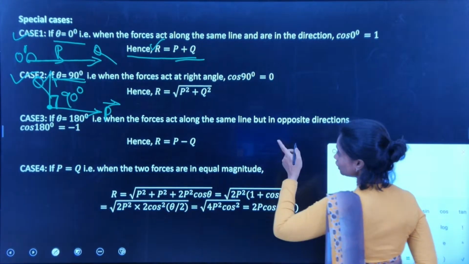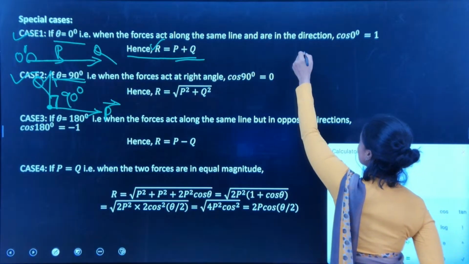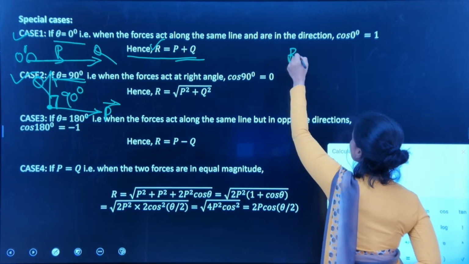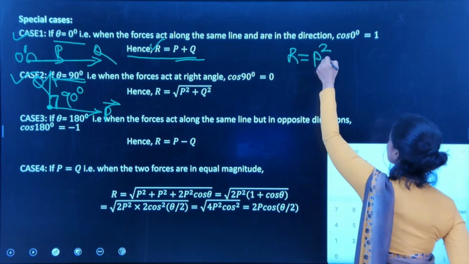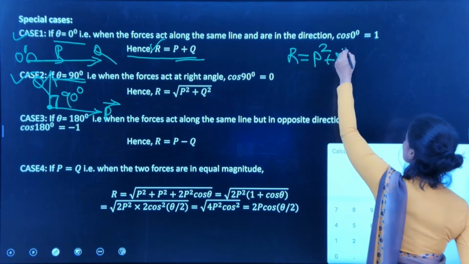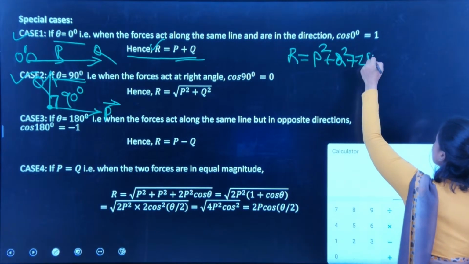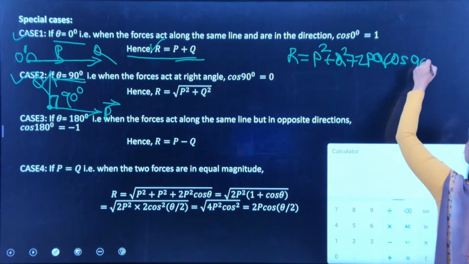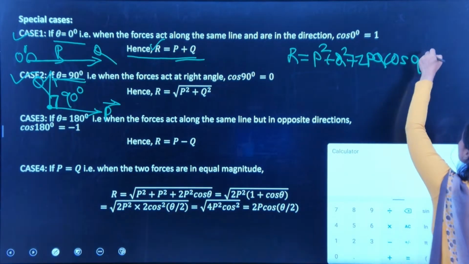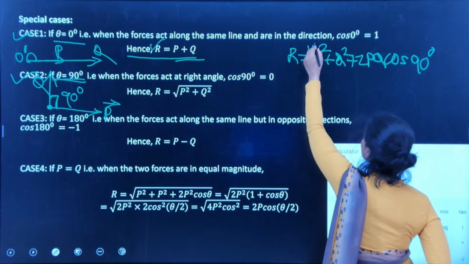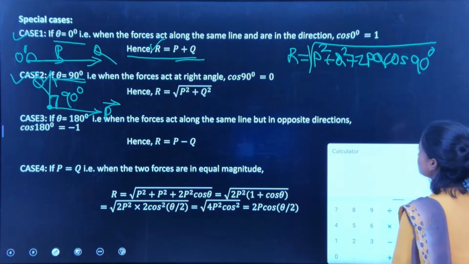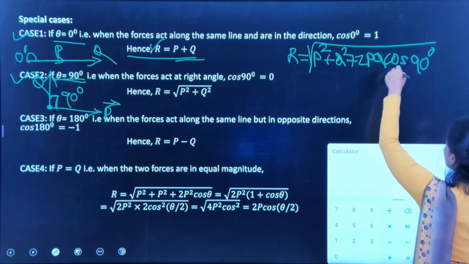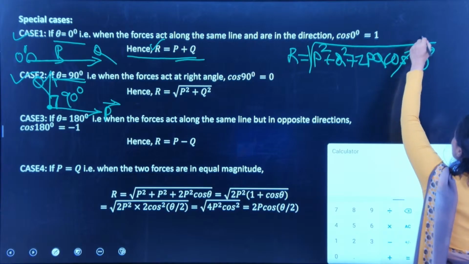Let's put the value of theta in our expression of R. R is equal to root over of P square plus Q square plus 2PQ cos 90 degree. Theta is 90 degree, so we are using the value of theta here. Okay, and as we all know that cos 90 degree is equal to 0.